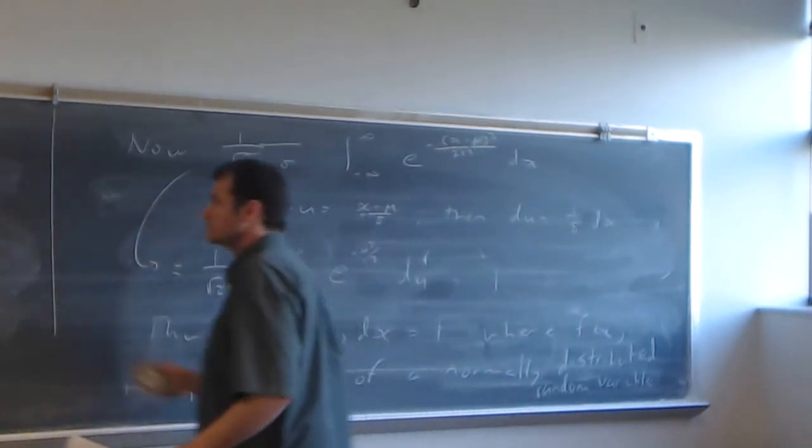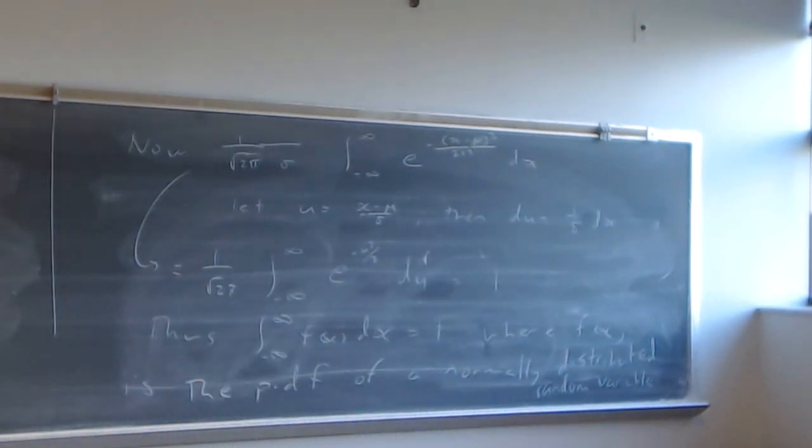Okay. And of course, we want to eventually get to the expected value of the normally distributed random variable, and we will, as well as its variance. But we're going to do a little bit of work before that.